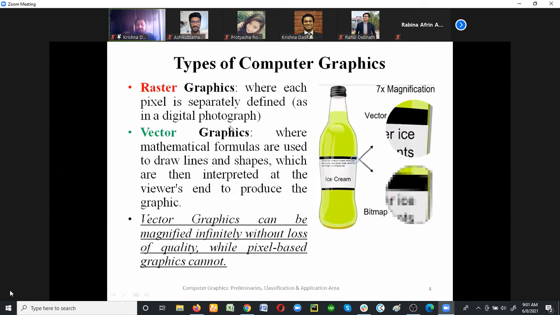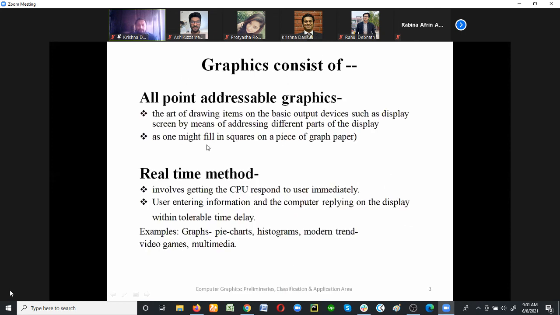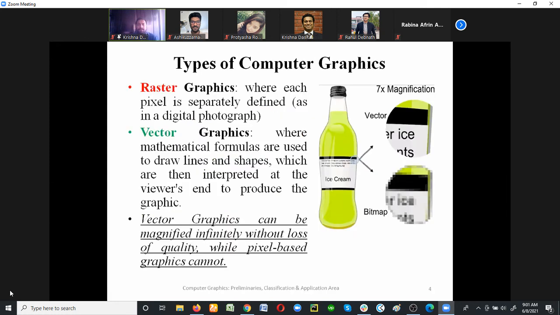Now, the discussion we have done about computer graphics for the image generation process, we also showed with addressing all the pixels or points. That is raster graphics, where each pixel is separately defined. While vector graphics is slightly different.